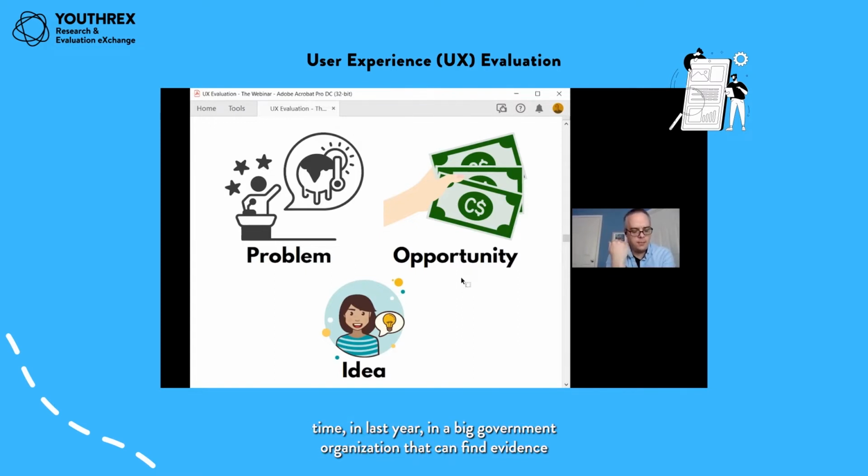Most of the time, unless you're in a big government organization that can fund evidence-based programs that already exist, the programs you're working with start because of some kind of problem they're trying to solve, or some kind of opportunity.